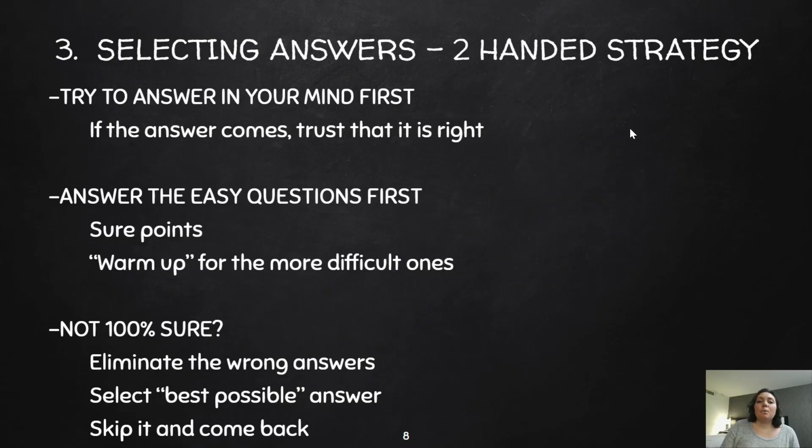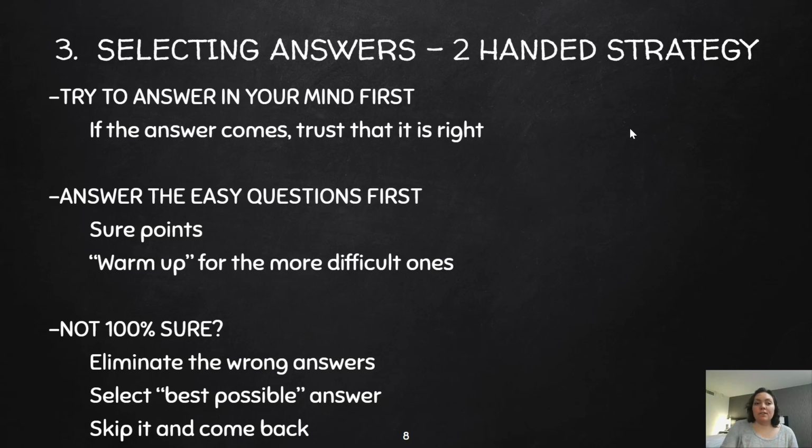Okay. When you are selecting your answers for an objective test, use the two-handed strategy. Try to answer it in your head first, instead of circling it on the paper or clicking the button. If, without looking at the answers, you can answer the question, and that answer shows up in the multiple choice, trust that your gut is right.